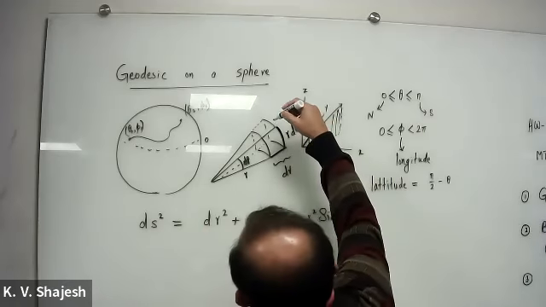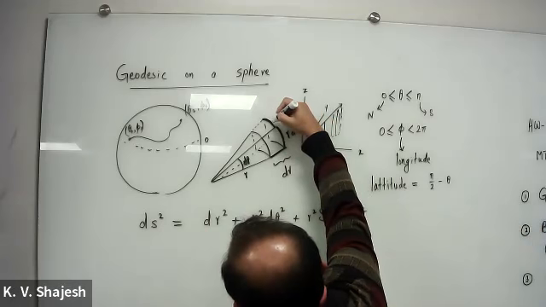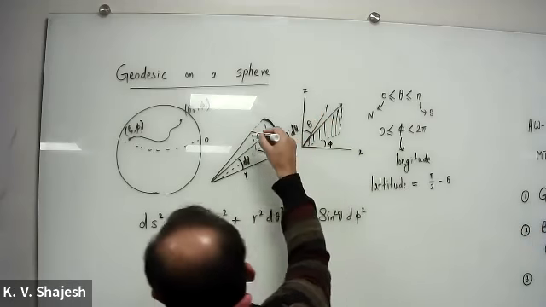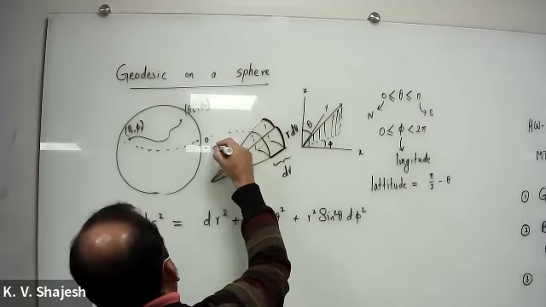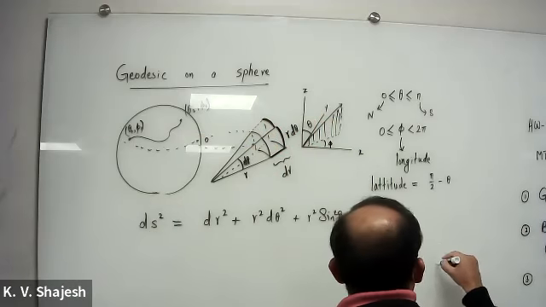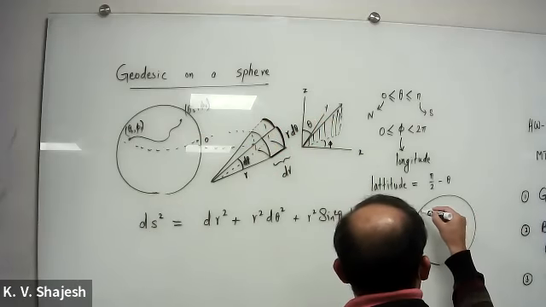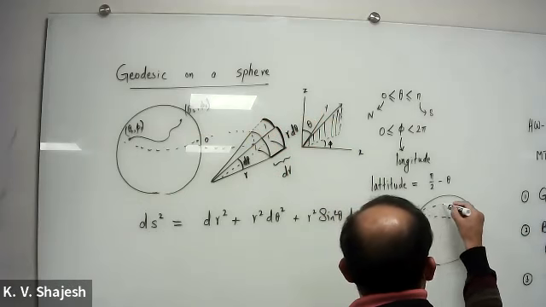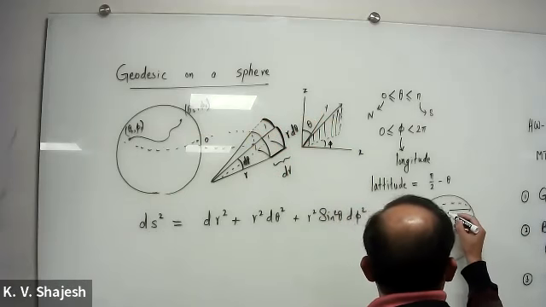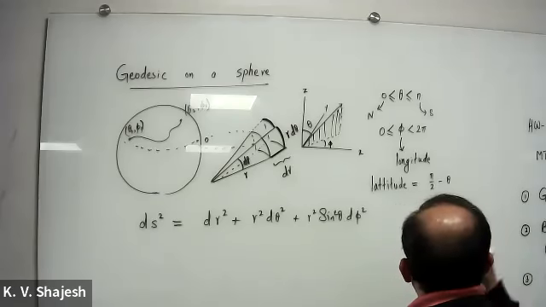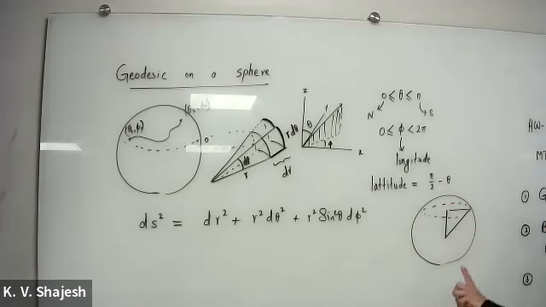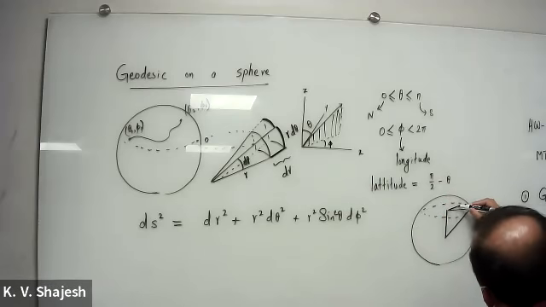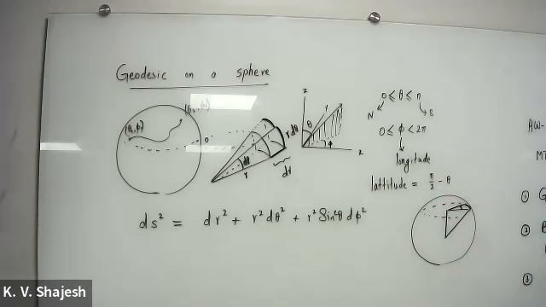Next question is, what is this piece here? And that comes from this circle. You notice that this is not part of the circle; instead, you have to take a circle here. When you say d phi, it is part of a tiny circle that is perpendicular to the z-axis. Is that clear? So that's your d phi.